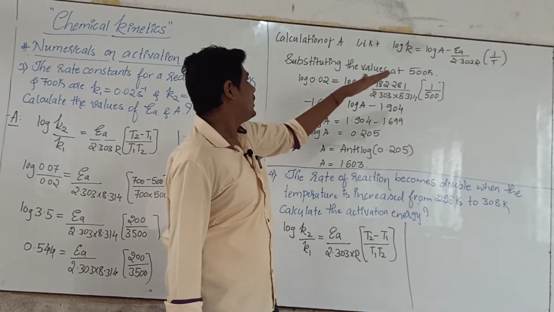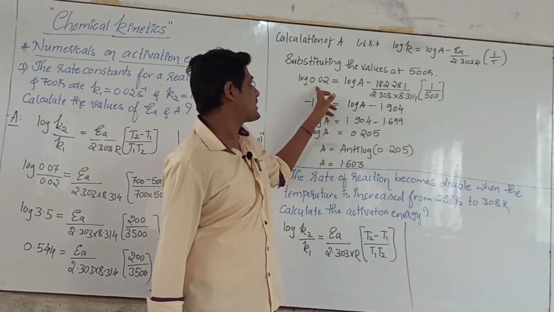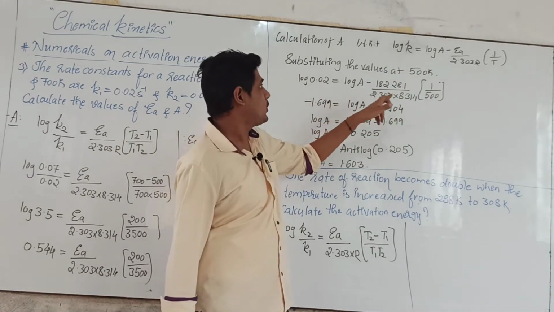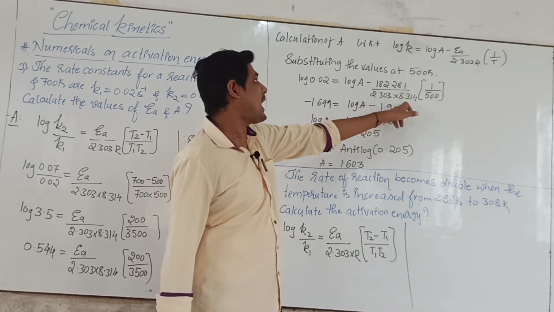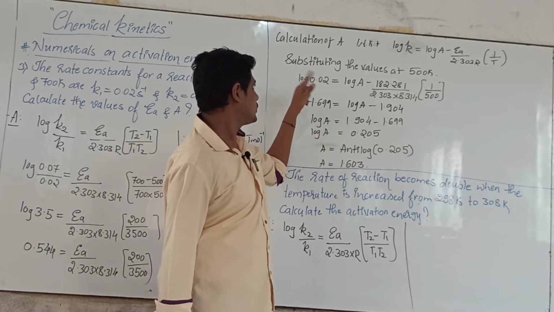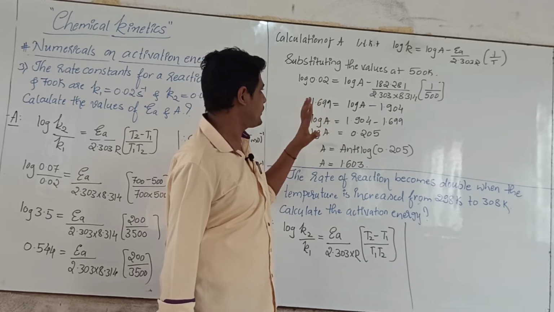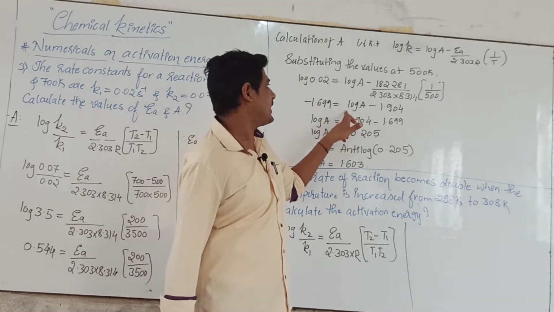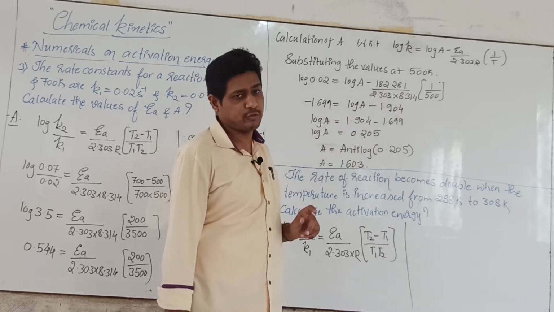So at 500 Kelvin, we know the rate constant value. This only we don't know. The activation energy we have just calculated, and this is the R value. On substituting, log of 0.02 will be minus 1.699, or you can take 1.7, is equal to log of A minus, on solving this, 1.904.